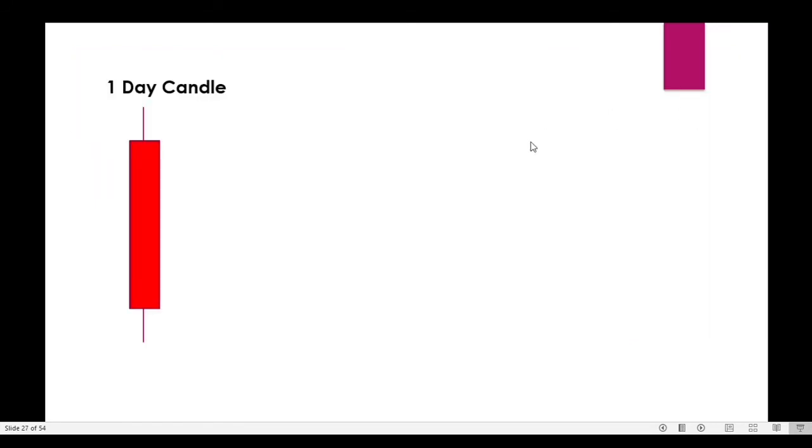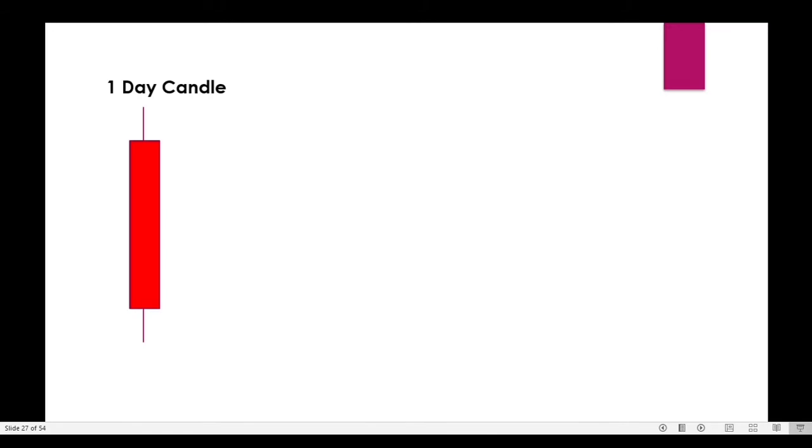All right. So when we take a look at a candle, for the purpose of this training, we're going to use a 1-day candle. When you take a look at a candle, there is so much more going on besides the one candle that we see.